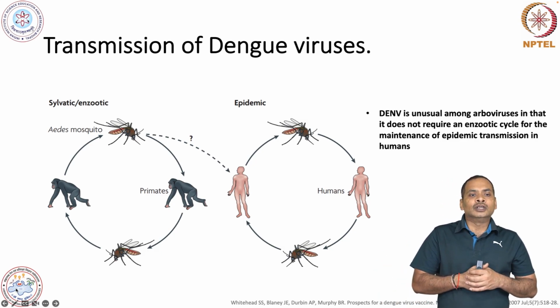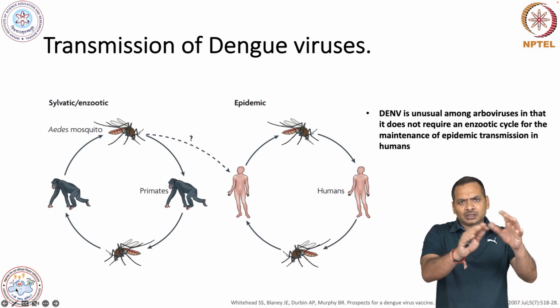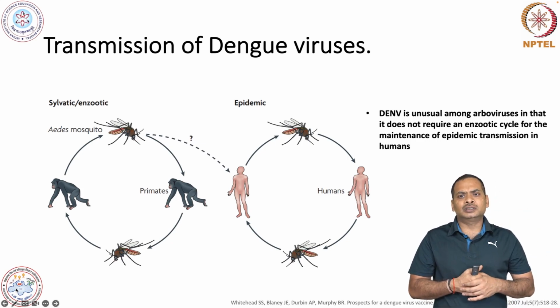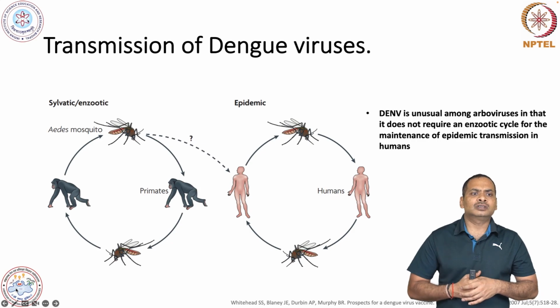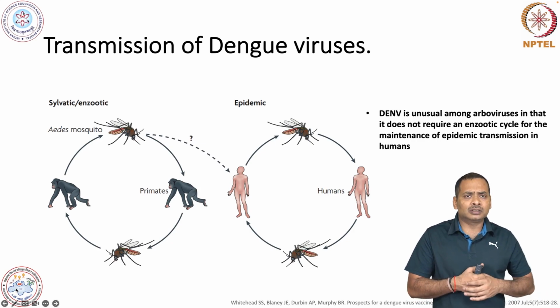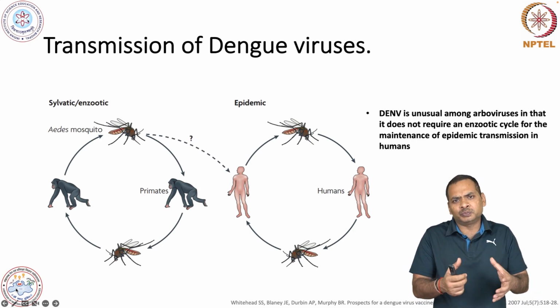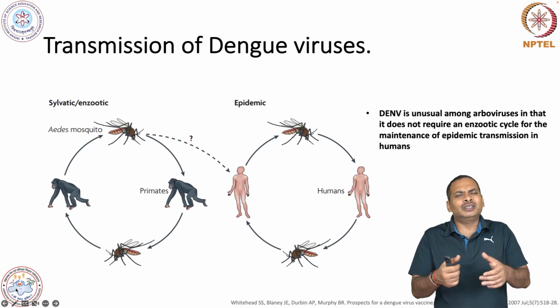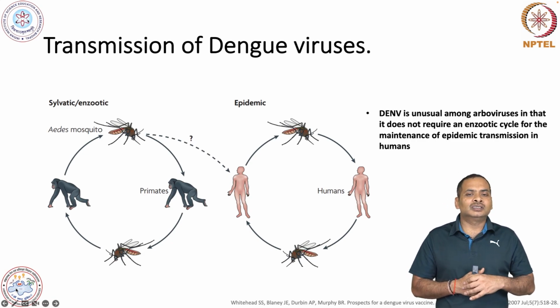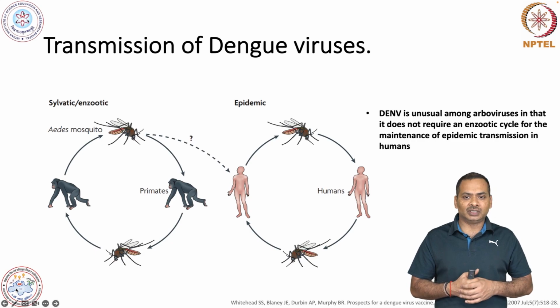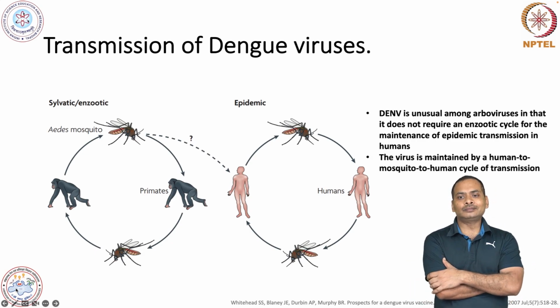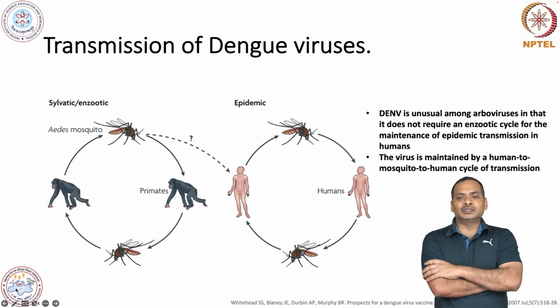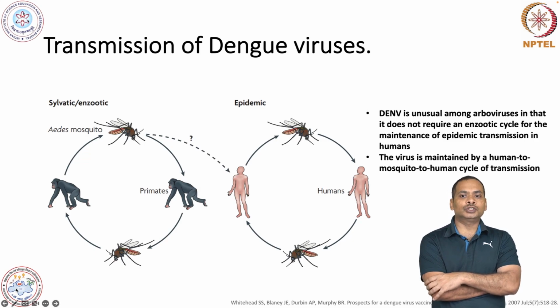The involvement of this sylvatic or enzootic cycle is not very prominent in the case of dengue. There is some evidence, but it is not very prominent for dengue viruses. Basically, this virus is maintained by the human to mosquito to human cycle of transmission.